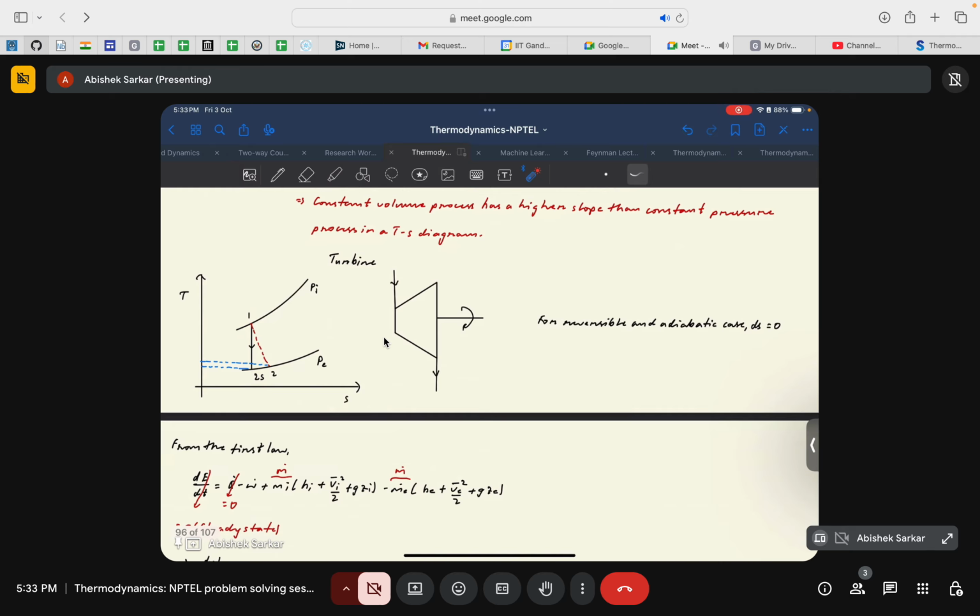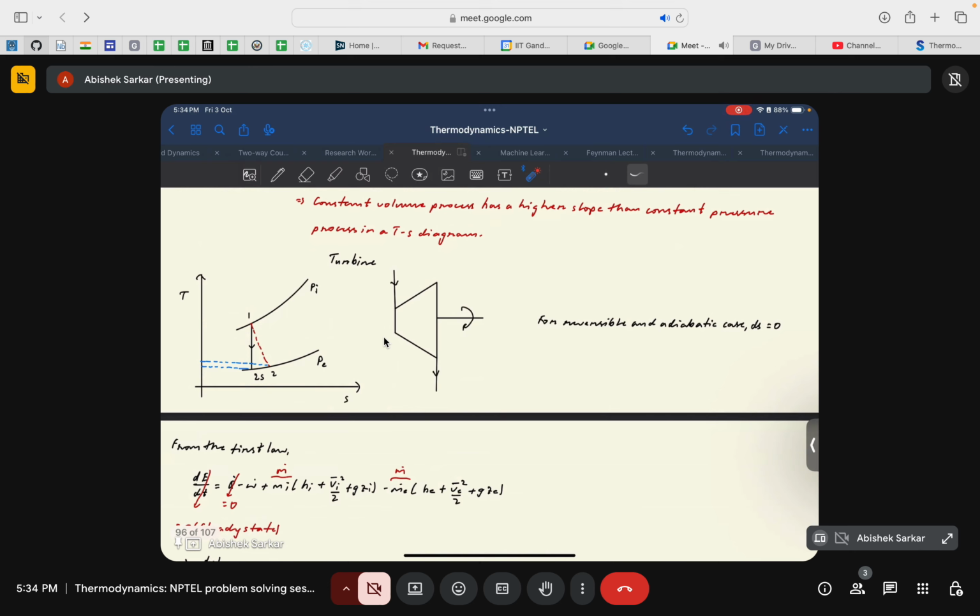Now you can think that you initially said irreversibilities can hamper the performance of thermodynamic devices. Then why is the change in work smaller in the case of the turbine? The main thing to look at here is that the turbine is not a work consuming device but a work producing device.